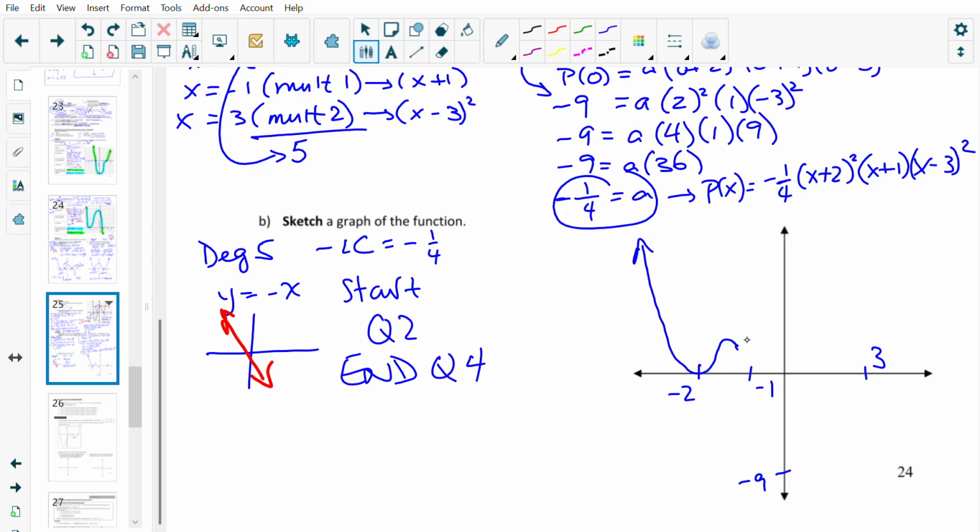Okay, bounce, come back around. At negative 1, multiplicity 1 is going to go straight through the x-axis with no inflection, just straight through. And then it's going to pass through negative 9. And then it's going to come around. And then at x equals 3, multiplicity of 2, it's going to do the bounce, but bounce down.